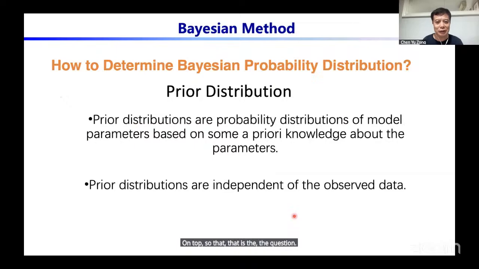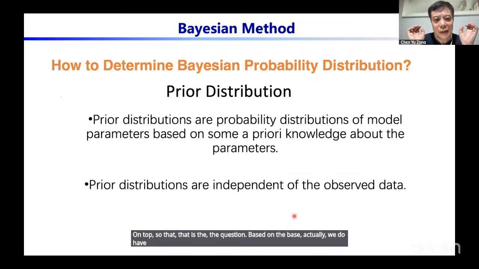Based on the Bayes, actually, we do have knowledge about the probability distribution. That means, of course, we all know the answer. The probability of the heads on top is 50%.